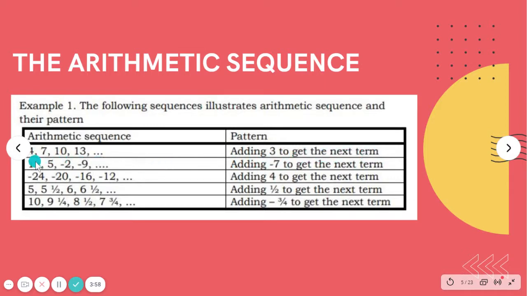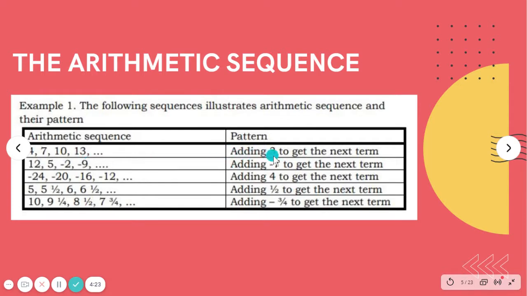So meaning to say, after ng first term, which is 4, nag-add tayo ng 3 para makuha natin yung susunod na term. So 4 plus 3, 7. And then para makuha na naman yung susunod na term, mag-a-add ulit tayo ng 3. 7 plus 3, 10. Then after na naman ng 10, mag-a-add tayo ng 3 para makuha natin yung pang-apat na term, which is 13. Okay?